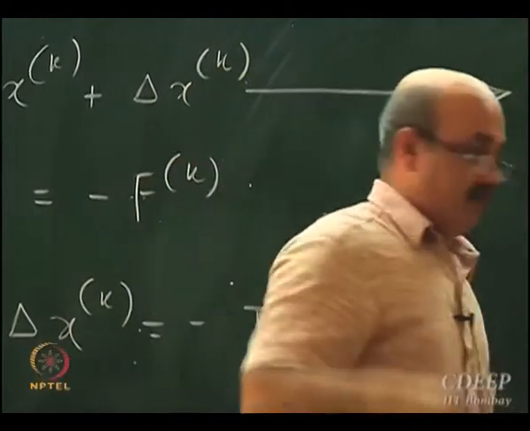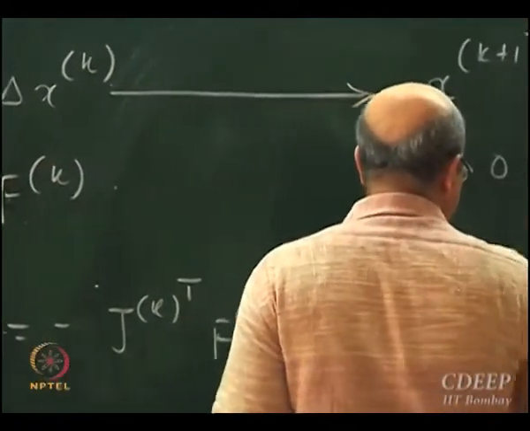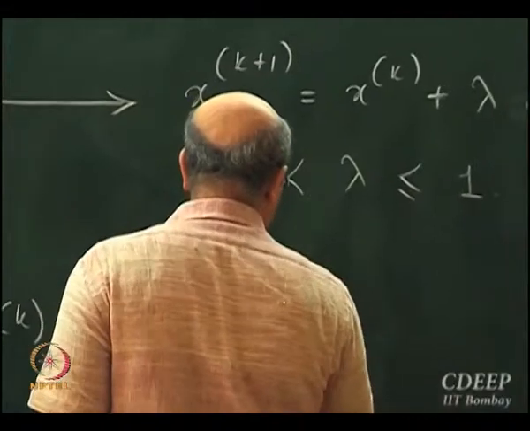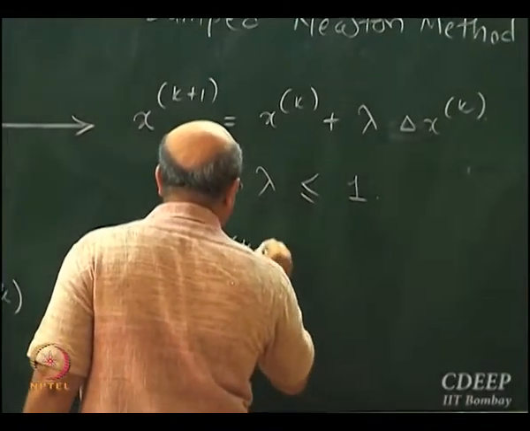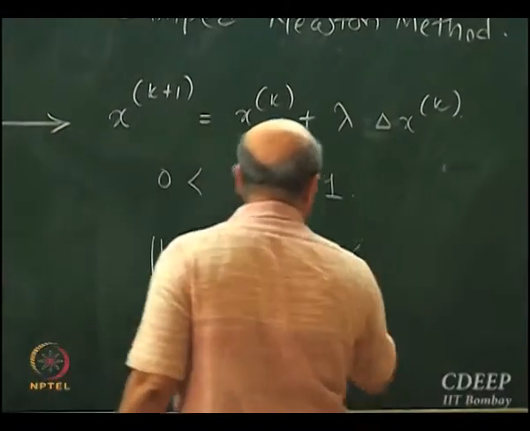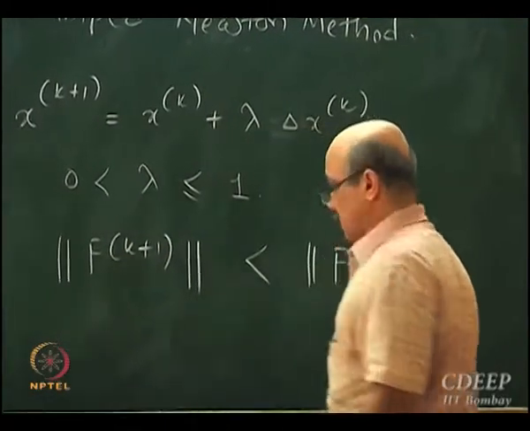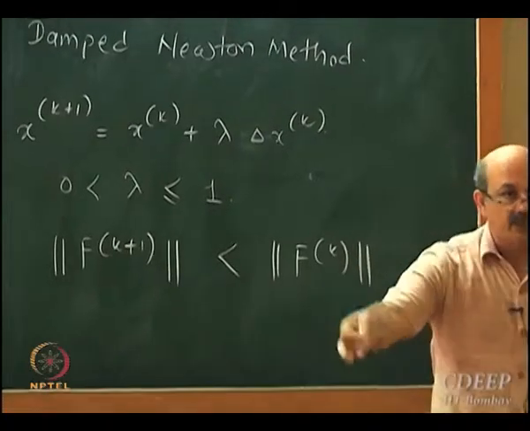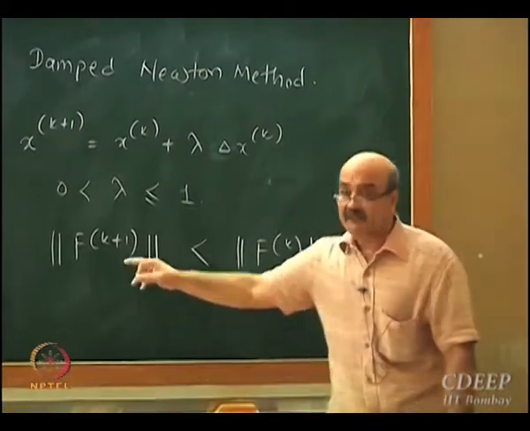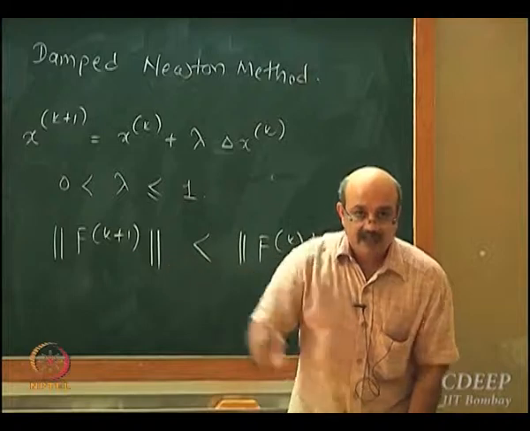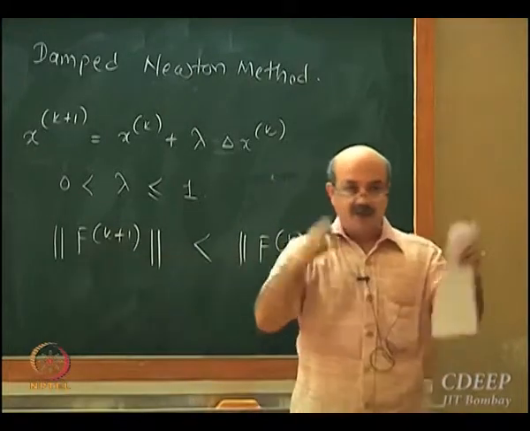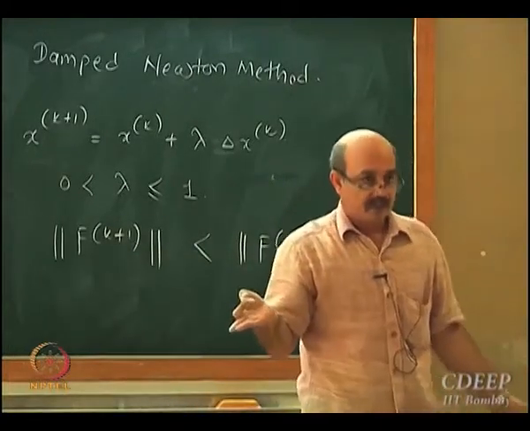To put it in a little more mathematical way, see what should happen. I want that norm of f k plus 1 should be less than norm of f k. You agree with me? When I take a new step, if I evaluate the function vector at the new point, I want to finally go to f of x equal to 0, right?